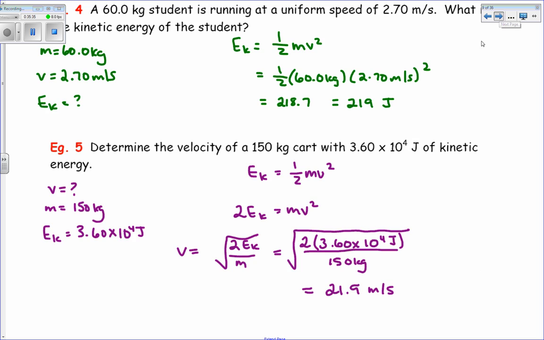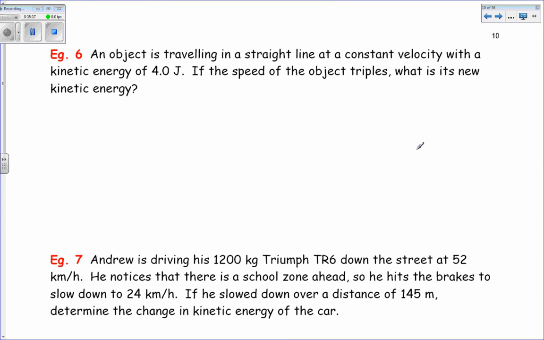Okay. A couple different types of questions. So an object is traveling in a straight line at a constant velocity with a kinetic energy of 4.0 joules. We want to know, we're going to triple the speed, so V becomes 3 times V. So what's the new kinetic energy? So one of those proportionality questions. Okay, so kinetic energy is directly related to the square of velocity.